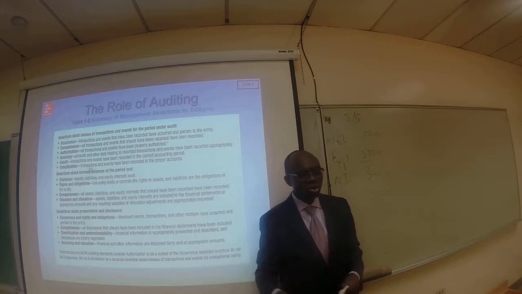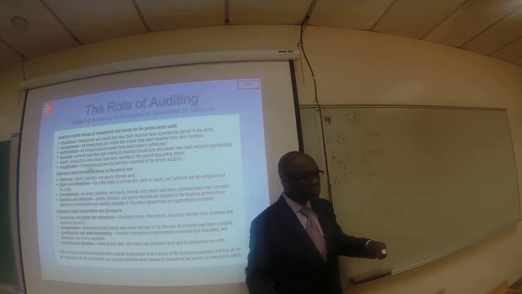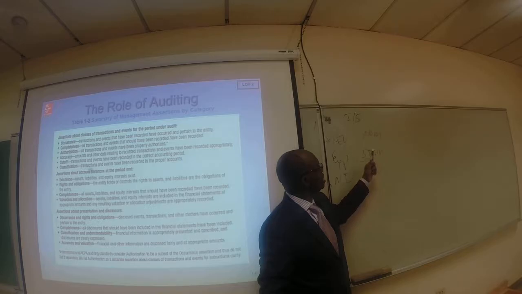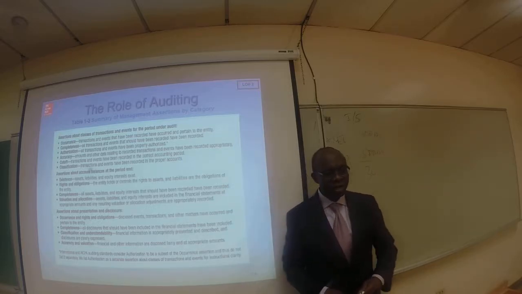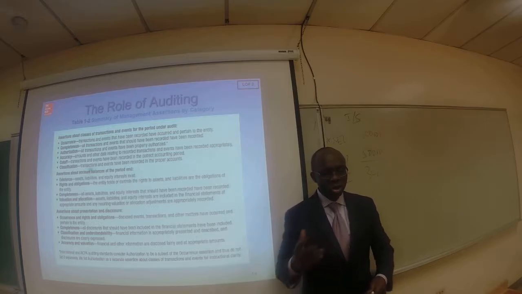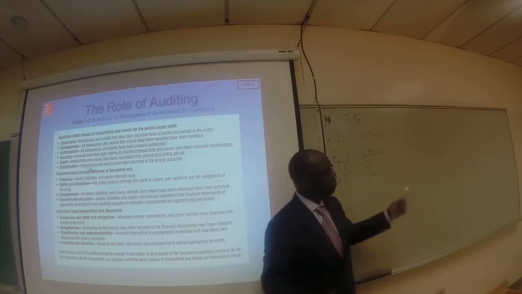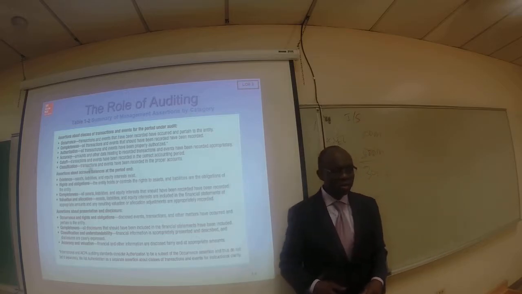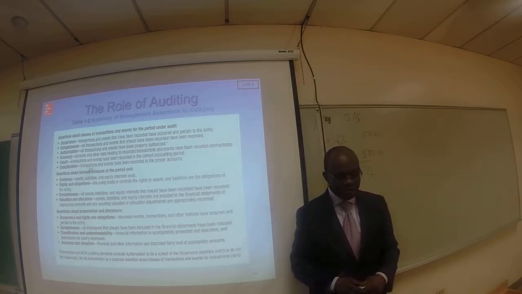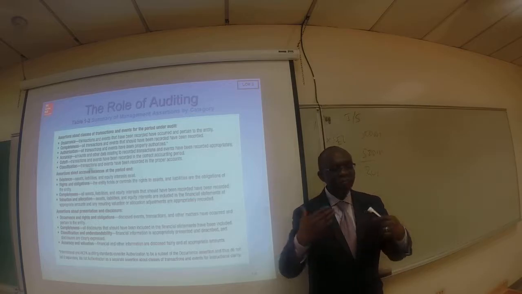Management is also claiming that the revenue of $800 million is actually complete, and they are also making the claim that all the related disclosures have been taken care of or have been addressed.